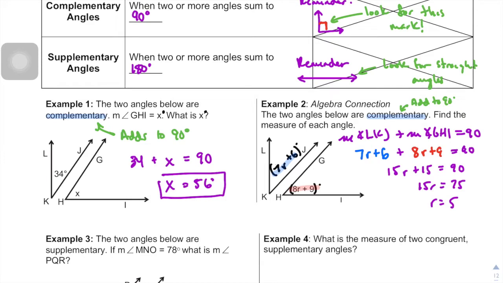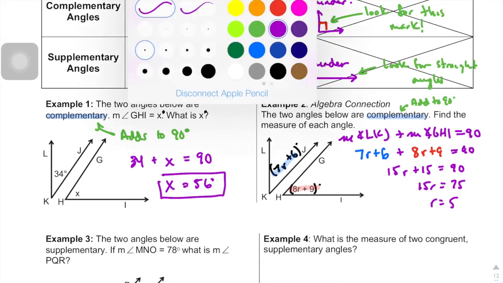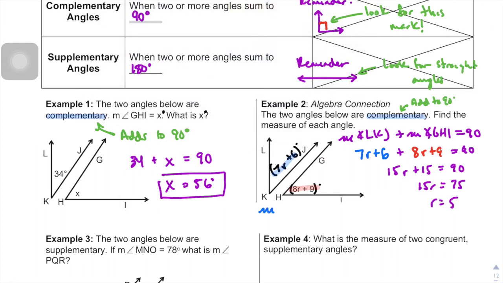But we're not done in this problem because they're asking us to find the measure of each angle. So the measure of angle LKJ is 7 times 5 plus 6, which turns out to be 41. And the measure of angle GHI is 8 times 5 plus 9.